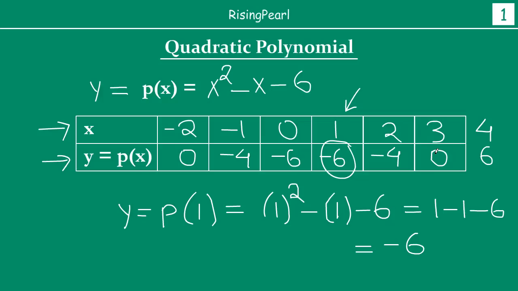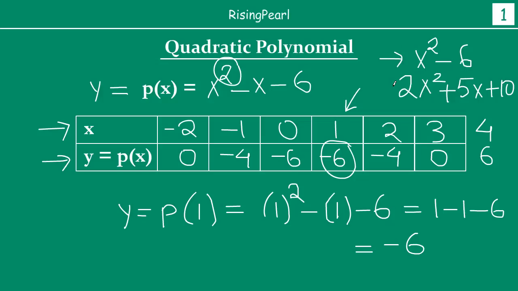Now, I strongly encourage you to come up with your own quadratic polynomials. The only criterion is that the degree of the polynomial should be 2. You can write any polynomial, for example something like x squared minus 6, maybe 2x squared plus 5x, maybe plus 10, or any other quadratic polynomial.